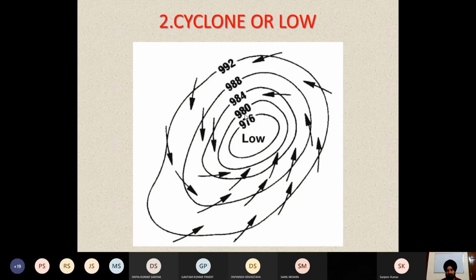Next comes the cyclone or low. Low pressure, I think most of us know. You can see low pressure in the center, with 976, 980, 984, 988.